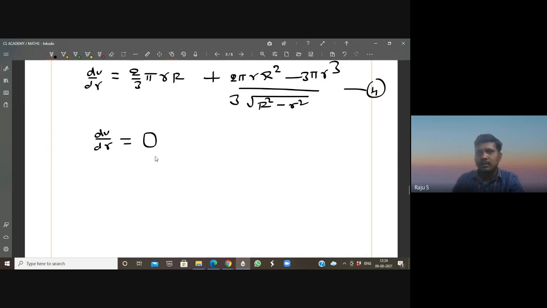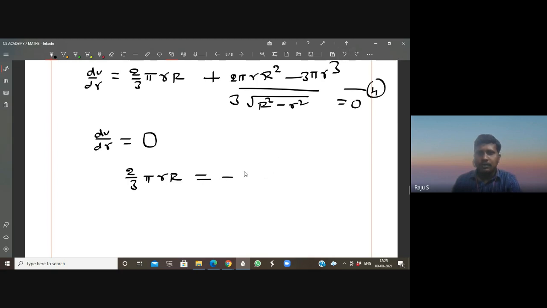That is important. So 2 by 3 pi r capital R is equal to this value, when I equate this total value to 0. The second value you have to take to the right side. Okay? And minus of this, 2 pi common. What is the common here?